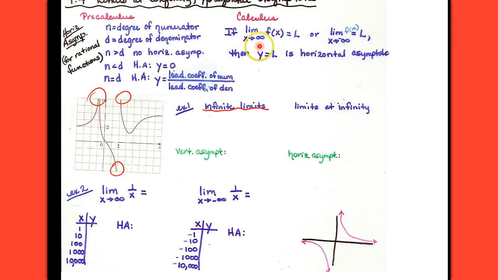So if the limit as x approaches infinity or negative infinity of a function reaches an actual limit, then that limit will be my horizontal asymptote.